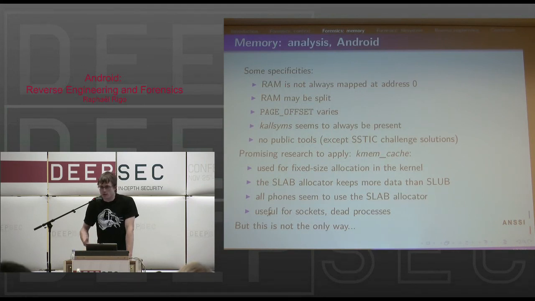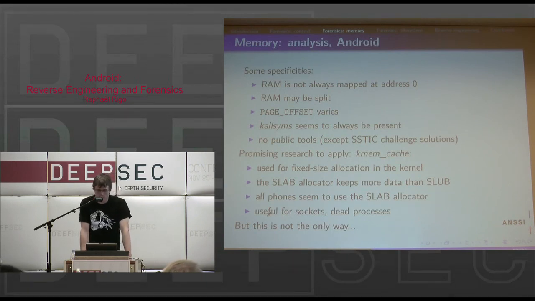So it maintains a cache of recently deallocated data to reuse it, as a lookaside cache, basically. It's really useful because the slab allocator, which is the default on all the phones I have seen, is really good at keeping data after it is not used anymore. So if you can parse the kmem cache, you're probably going to find a lot of information about dead processes, closed sockets, and so on.